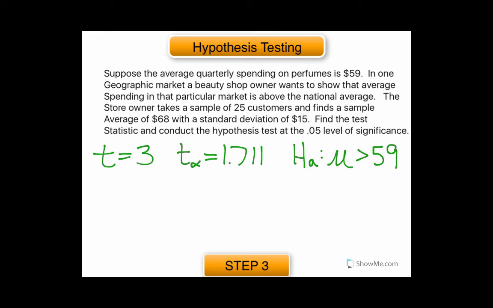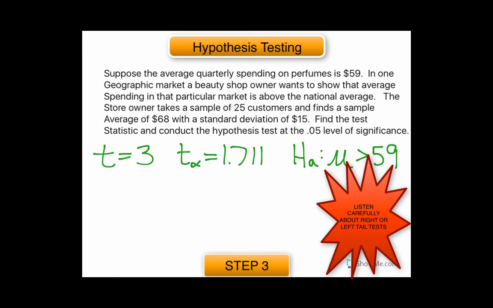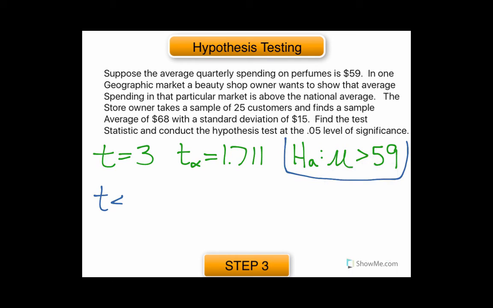And now that we've found all these numbers, we can make conclusions about this test. So the decision rule for a right-tailed test like this one, and it's right-tailed because our alternative hypothesis includes greater than. So the decision rule is that if your test statistic is less than your critical value, you fail to reject the null hypothesis.